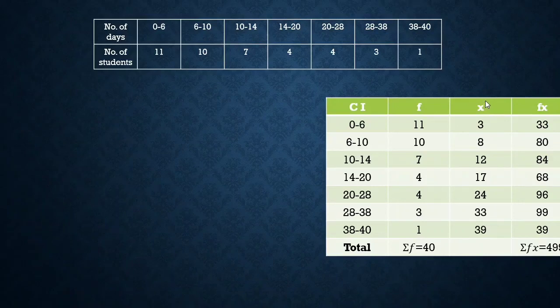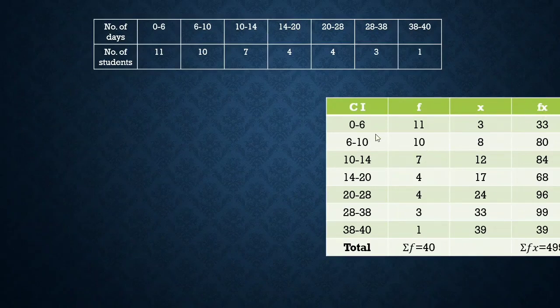Now we have calculated our class marks x here. 0 to 6, 0 plus 6, 6 by 2, 3; 6 plus 10, 16, 16 by 2, 8; 10 plus 14, 24 by 2, 12; 14 plus 20, 34 by 2, 17 and so on. We have calculated all the class marks.